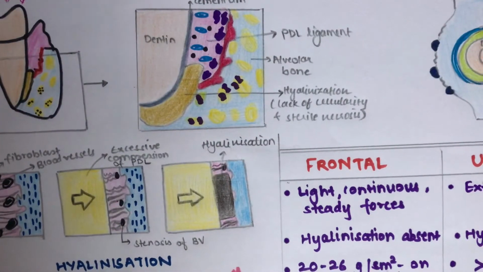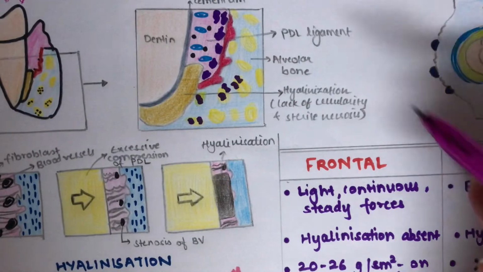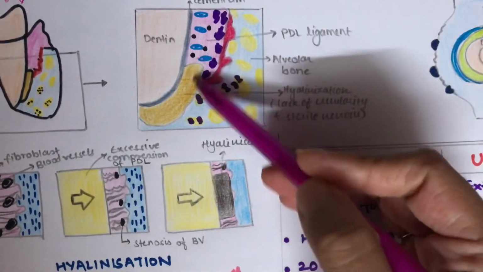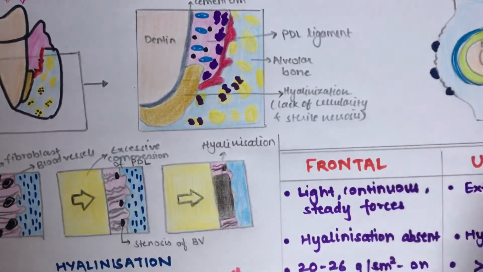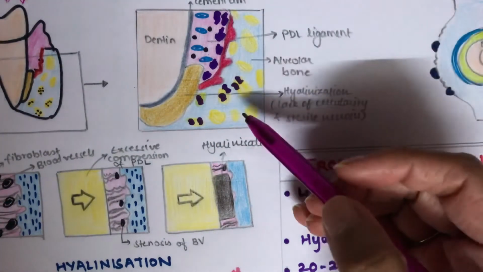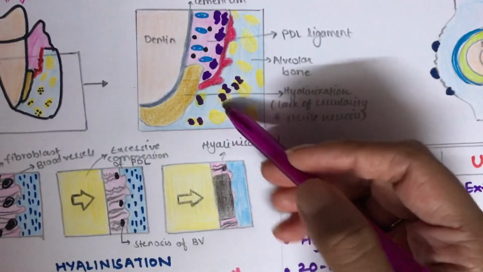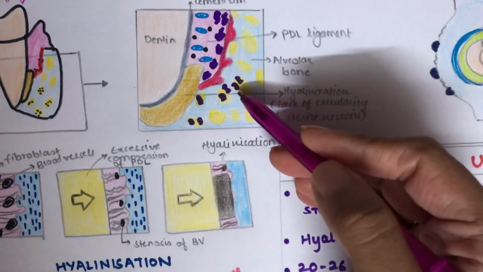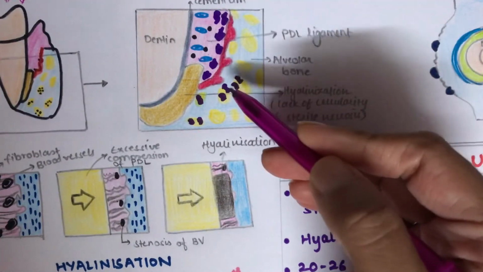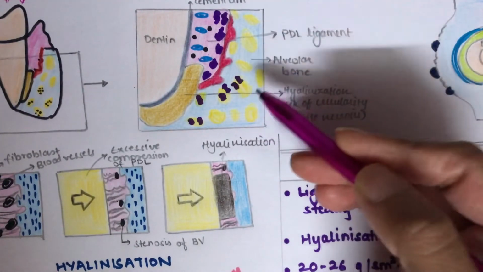But in the case of hyalinization, until you remove this whole area, resorption won't occur, and because of that there would be no tooth movement. The osteoclastic cells are formed in the bone marrow itself, rather than the PDL, after around 20 to 30 hours.